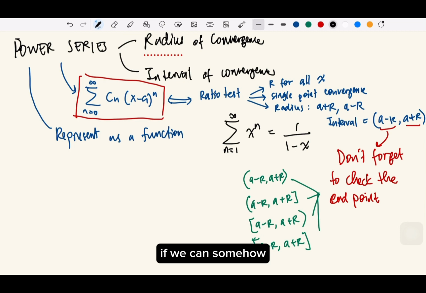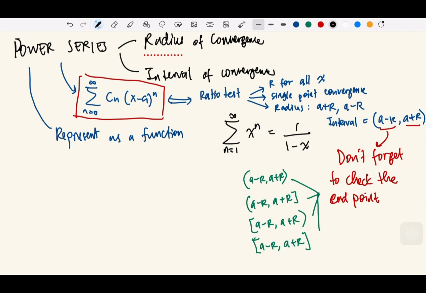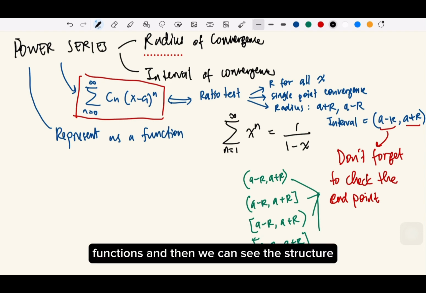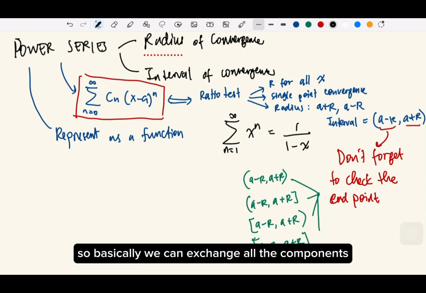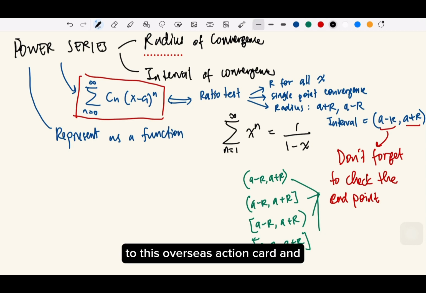If we can somehow write something like this or factor out some components from the functions, then we can see the structure and use this method. So basically, we can exchange all the components to this power series, x to the power of n. Okay, I think we have some examples, but the more interesting part is after this representation.